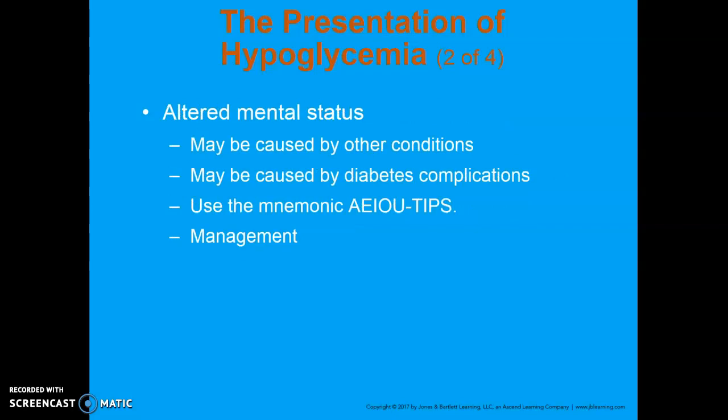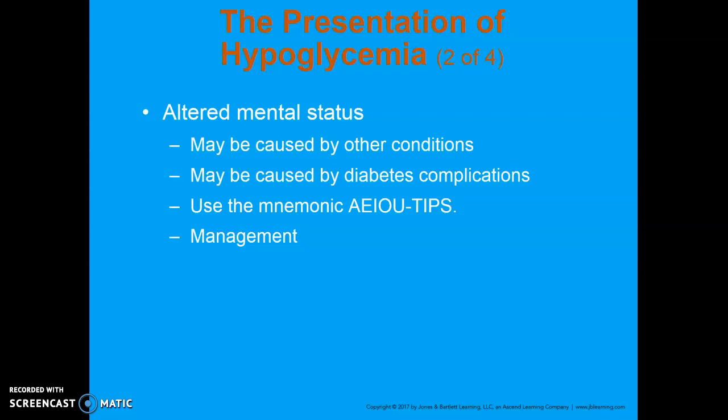Altered mental status may be caused from several other conditions: poisoning, head injury, postictal state, being right after a seizure, decreased perfusion in the brain for some reason, but can be caused by the complications of diabetes, hypoglycemia, ketoacidosis.